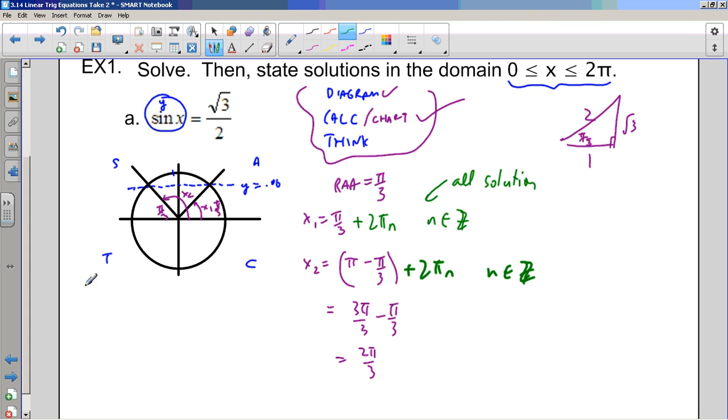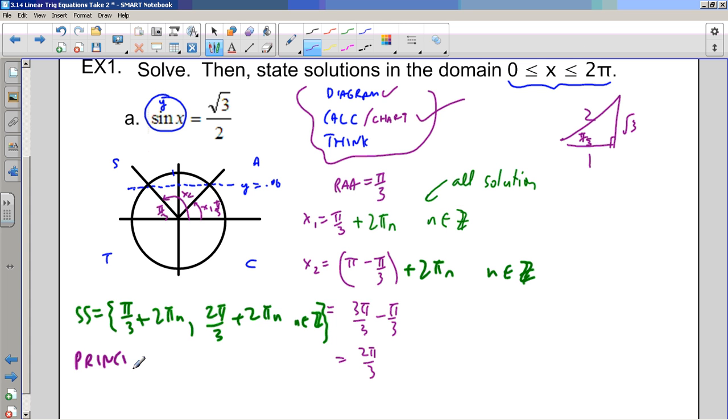So if I wanted to state the whole solution set, it would be all of these, pi over 3 plus 2 pi n, and 2 pi over 3 plus 2 pi n. N is just a real number, or an integer number rather. But if I wanted to stick with the principal solutions, like I was asked that, I realize that. The principal solutions between 0 and 2 pi are just the normal ones that we got.